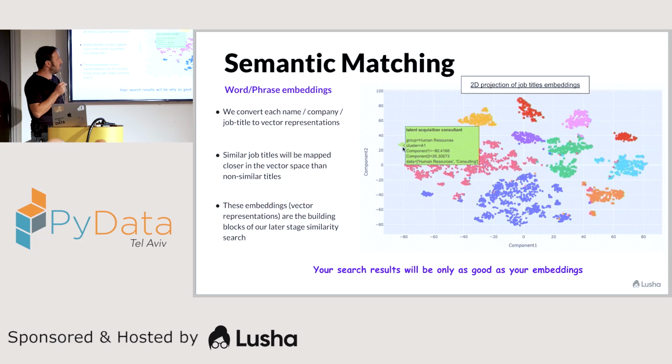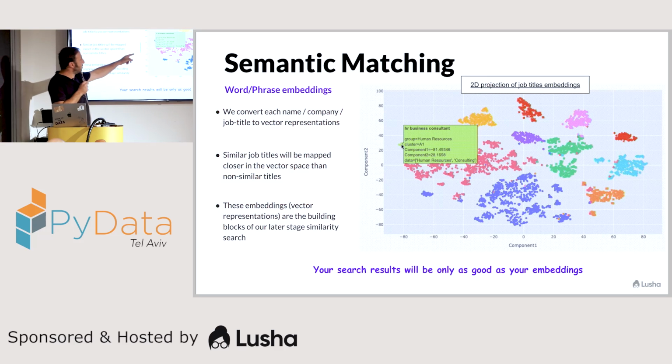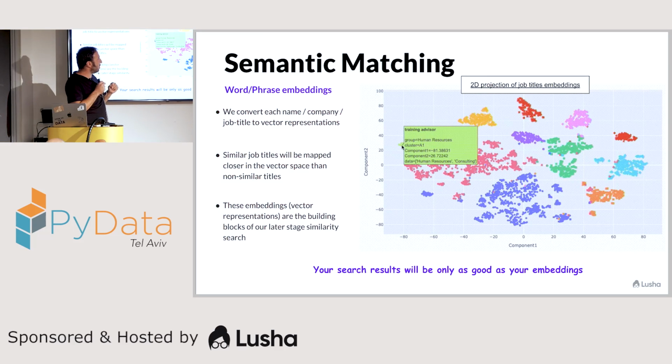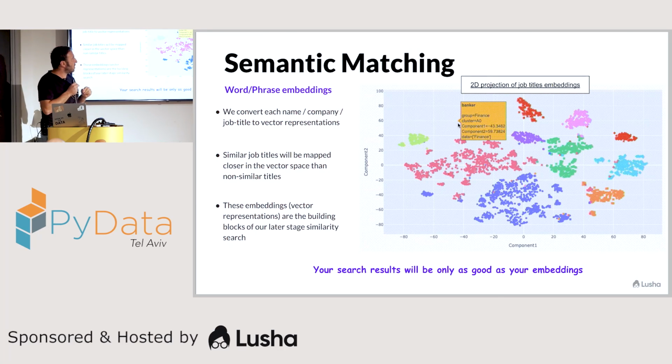This is a 2D projection of the entire space; let's say I've got 100 dimensions, and this is just 2D. We can see similar titles are closer to each other. We've got human resources in yellow, and the teller, underwriter, bookkeeping, more finance or banking titles.